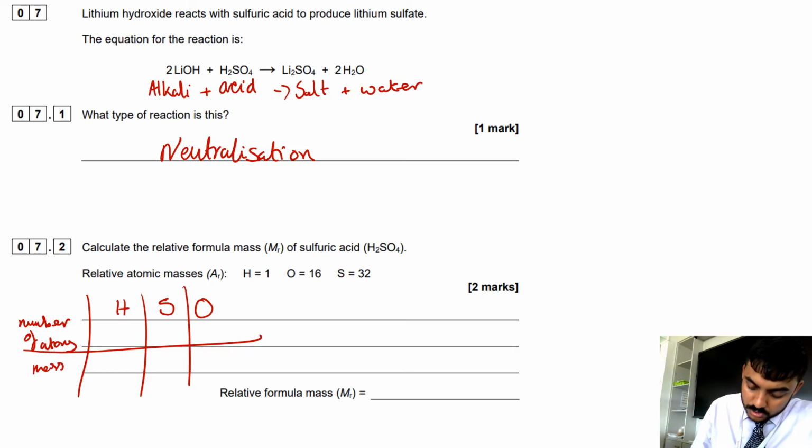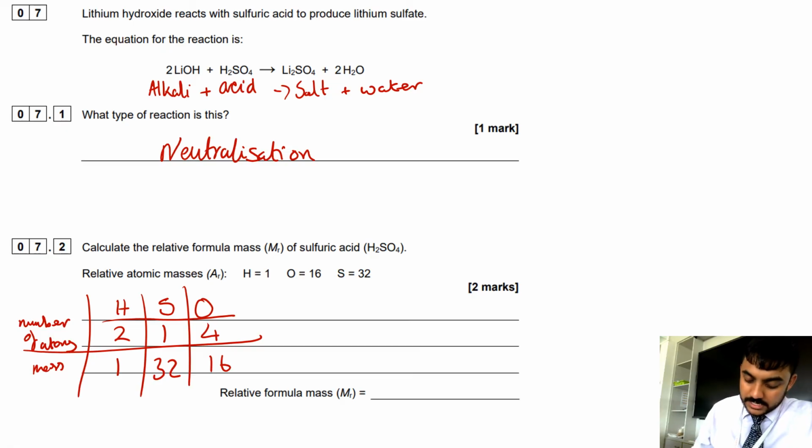So there's 2 atoms of hydrogen, 1 atom of sulfur, and 4 atoms of oxygen. And sulfur has a mass of 32, oxygen has a mass of 16, and hydrogen has a mass of 1.